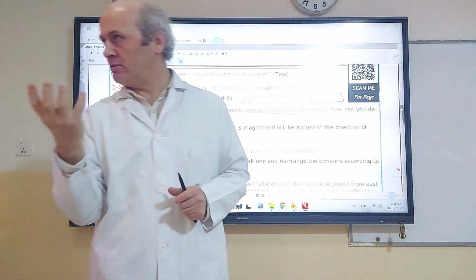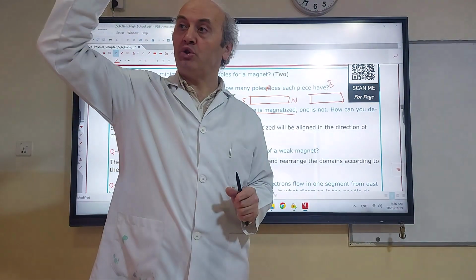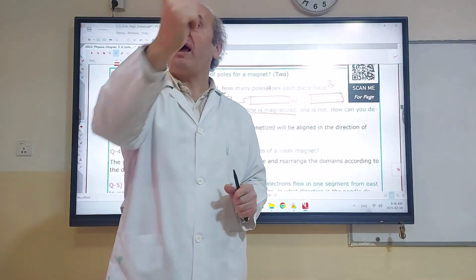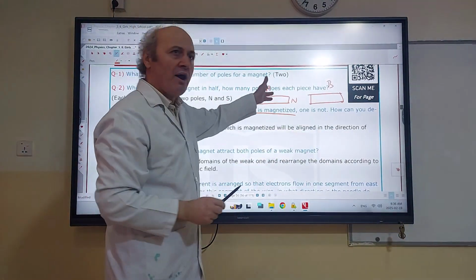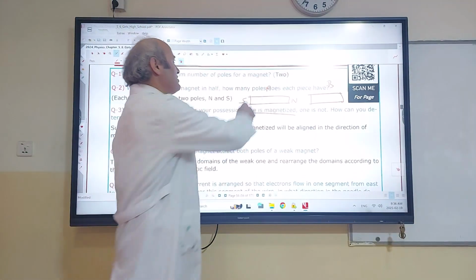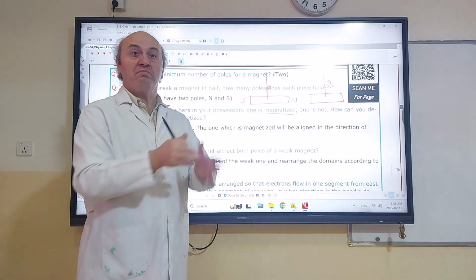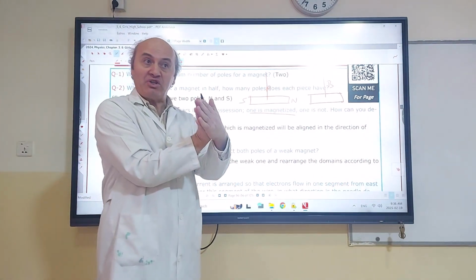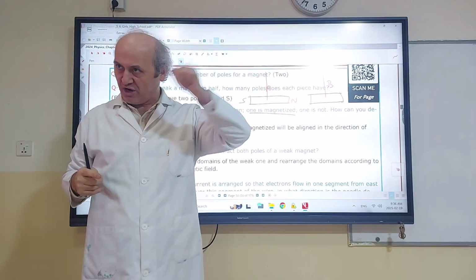What does a compass needle do when you suspend it in air? Its N pole points to north, the geographic pole. S is pointing south, the geographic pole. Same thing when you suspend these 2 iron bars: the one which is magnetized must align its length in the direction of what? South-north direction.